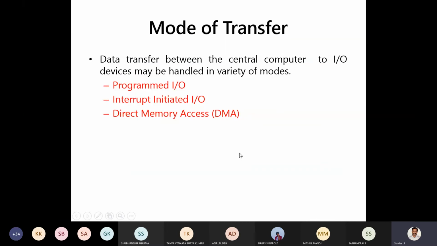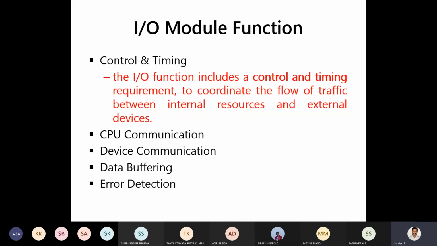Now again, there is a possibility that it may go for different IO data transfer. First CPU tries to understand when the devices are ready. After that, the data transfer can take place in different options: programmed IO, interrupt IO, or DMA. Okay, right. The programmed IO, this is what we are going to discuss in detail.